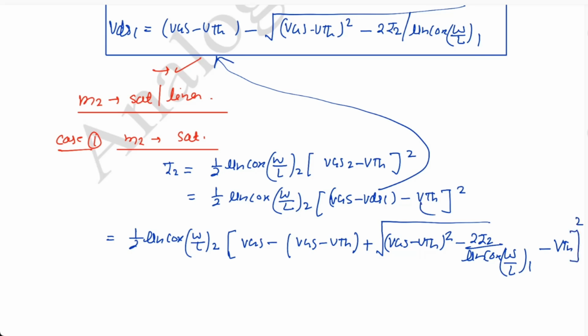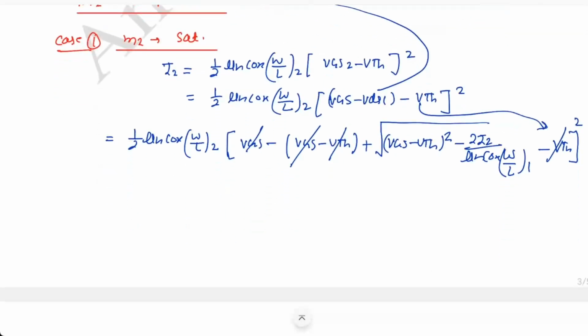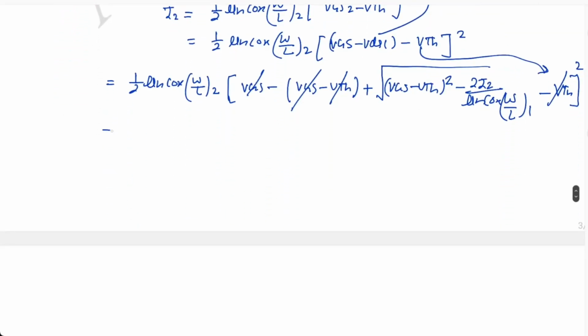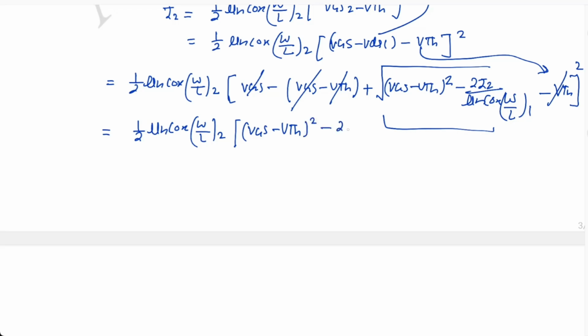So VGS cancels, VTH cancels. What will be left? 1 by 2 mu1 Cox W by L2, and this will be left with a square: root over (VGS minus VTH) whole square minus 2I2 divided by mu1 Cox W by L1.